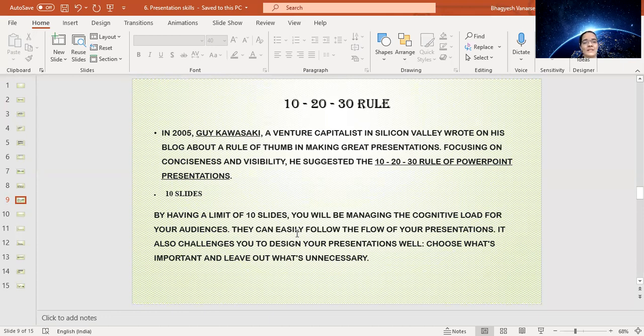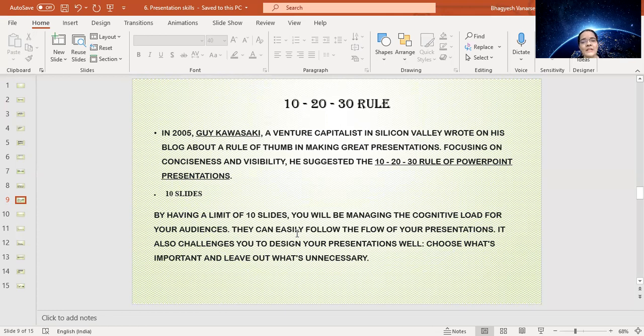Now, what is this? The 10-20-30 rule states that 10 is for having 10 slides. Always have a limit of 10 slides whenever you are making a presentation. You will be managing the cognitive load for the audience.